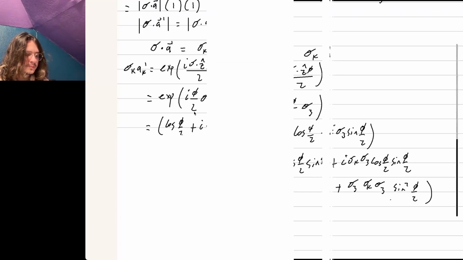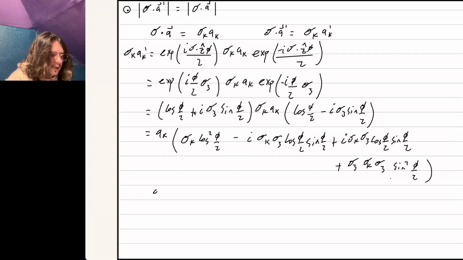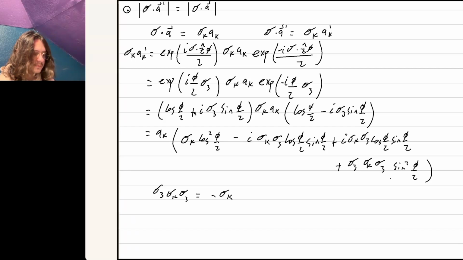So for Pauli matrices, if you left multiply and right multiply by sigma 3, you just get minus whatever is in the middle. And then the other stuff becomes a commutator.